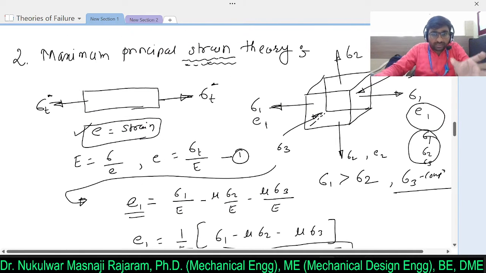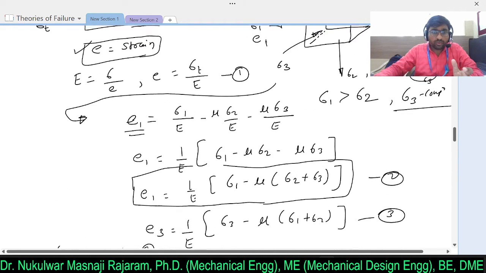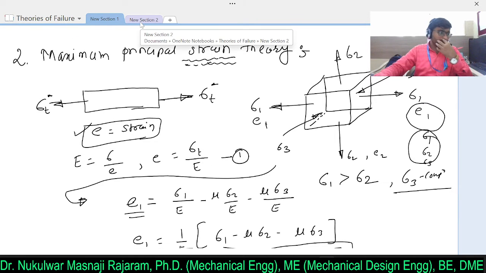So this is the strain along one direction. We can evaluate strain along all these three directions. Clear? So let's see how it comes.